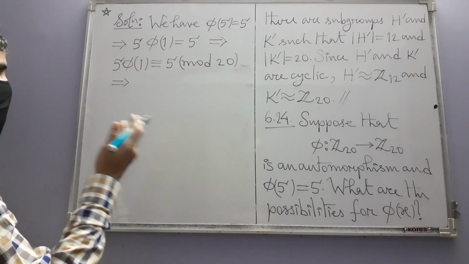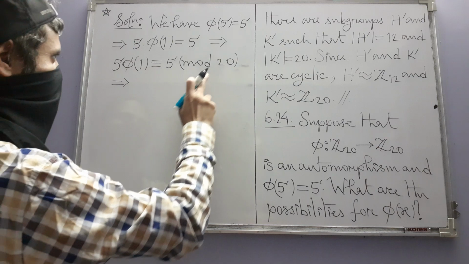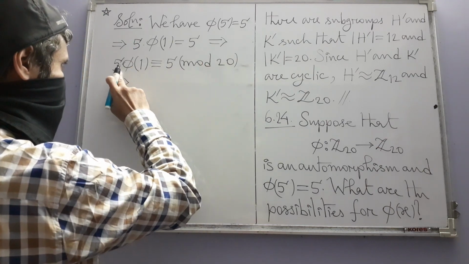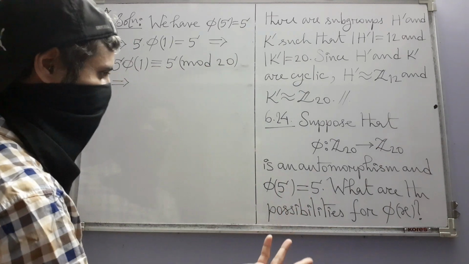And what does that mean? That simply means that 20 divides 5 times phi of 1 minus 5.